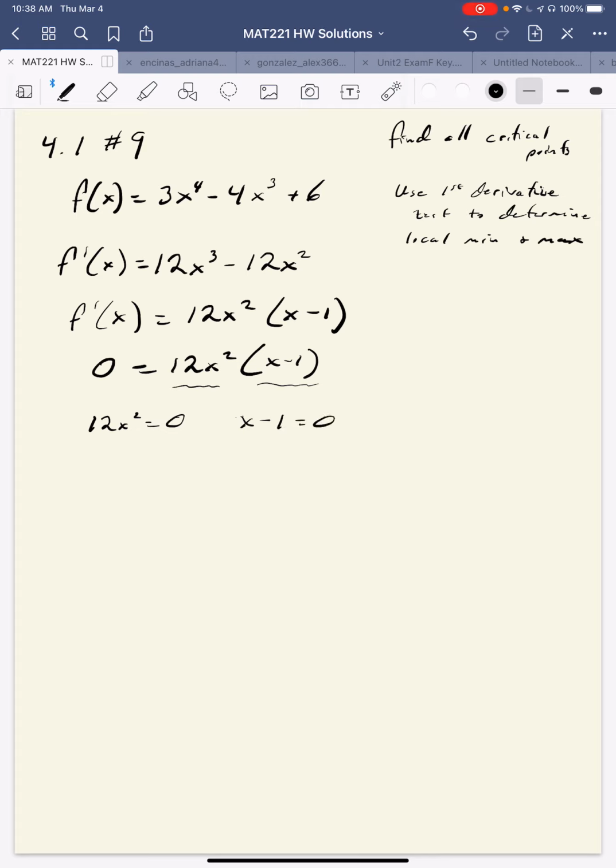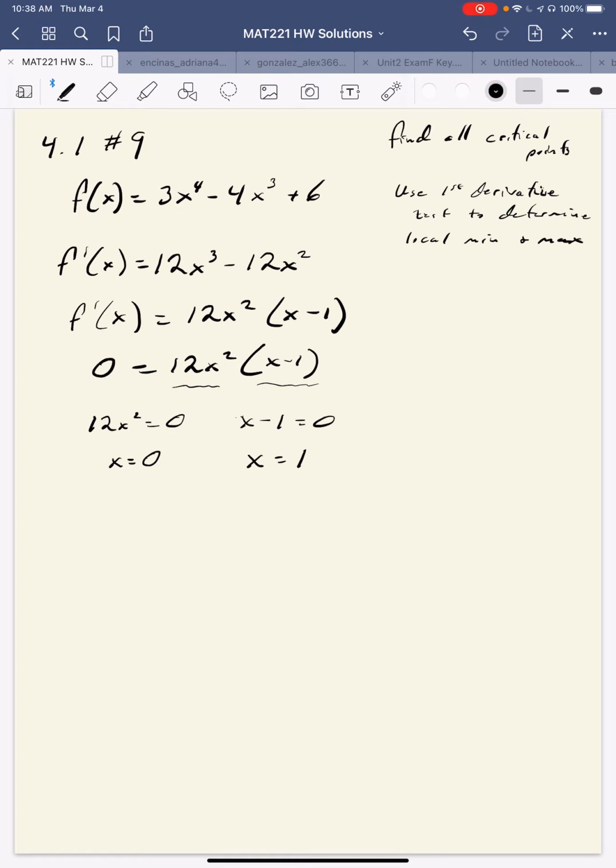In this case, we have x equals 0 because x squared equals 0, and in this case, we have x equals 1. So there are our two critical points at x equals 0 and x equals 1.